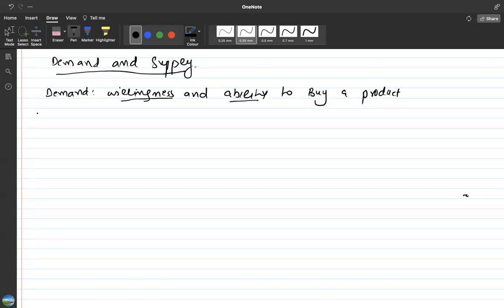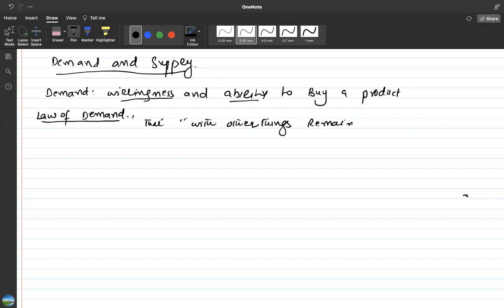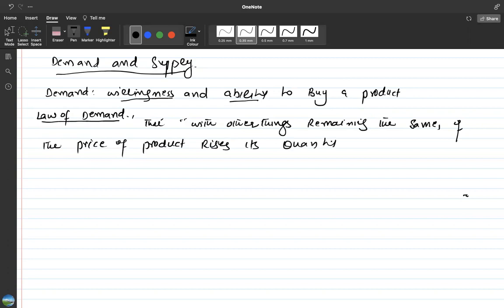There is a law of demand. That with other things remaining the same, if the price of a product rises, quantity demanded falls.